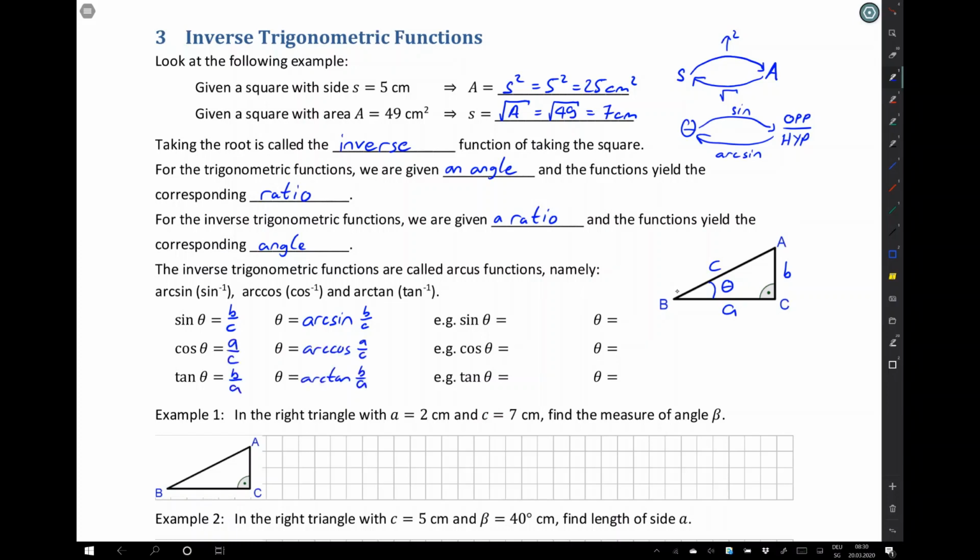Now let us look at a specific triangle where b is 3, a is 4, and using Pythagoras we get that c is 5. So sine of theta is by definition 3 divided by 5, and theta is the arcsine of 3 divided by 5, and using the calculator we get approximately 36.9 degrees.